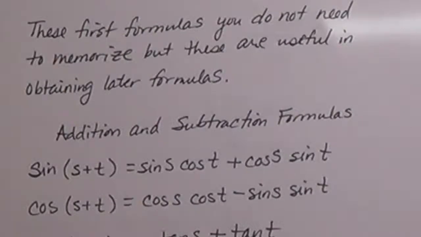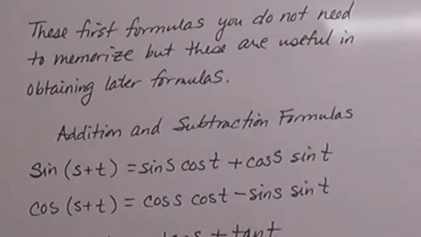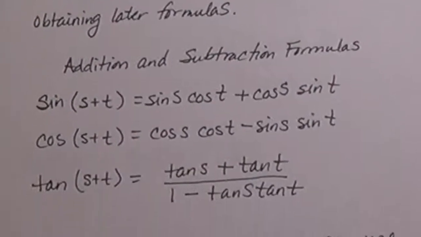These first formulas you do not need to memorize, but they are useful in obtaining later formulas. These are the addition and subtraction formulas. Sine of s plus t, where s and t are two different angles, equals sine of s cosine of t plus cosine of s sine of t.